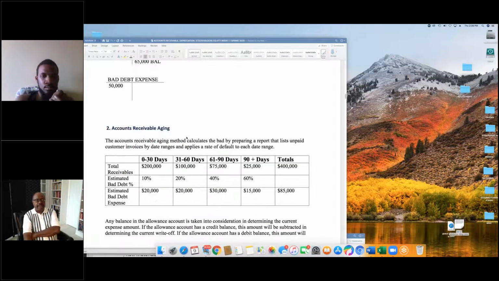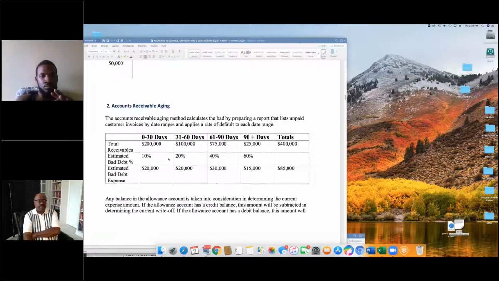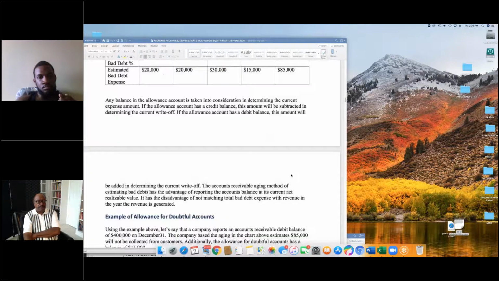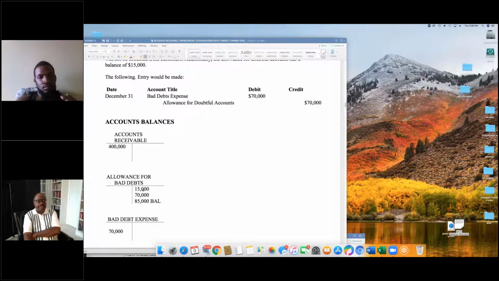Then we have the accounts receivable aging method, where we age the accounts. We had a bad debt percentage by age. The older the account was, the more likely it wasn't to be paid. The amount turned out to be $85,000. But because we already had $15,000 in this account, we only write off $70,000, so we get it to $85,000.